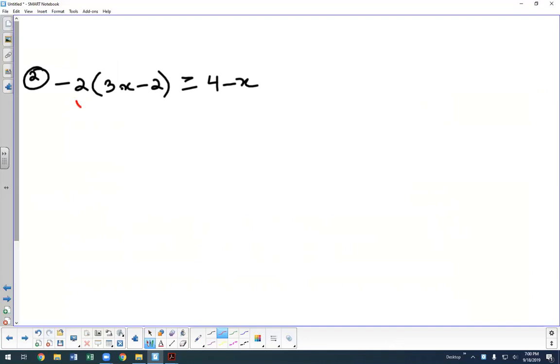Yes, you want to start with distribution. So distribute that number inside the parentheses, which will give us -2 times 3x, which is -6x. -2 and -2 will become +4, greater than or equal to 4 minus x.